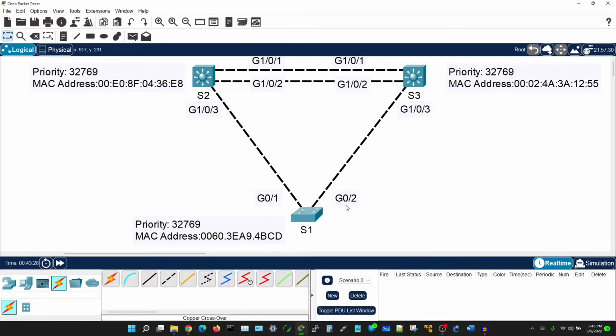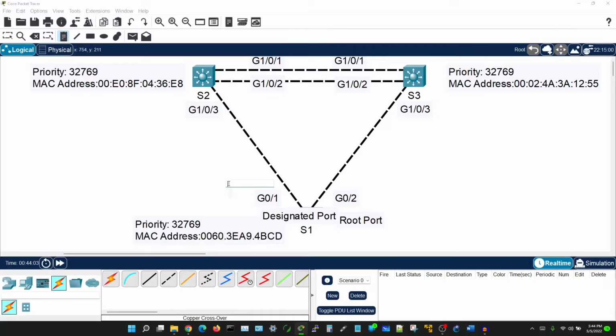So switch 1 gigabit 0/2 should be the root port, and gigabit 0/1 should be the designated port. Let me just mark that. Okay, so down here, the root port, and this designated port.